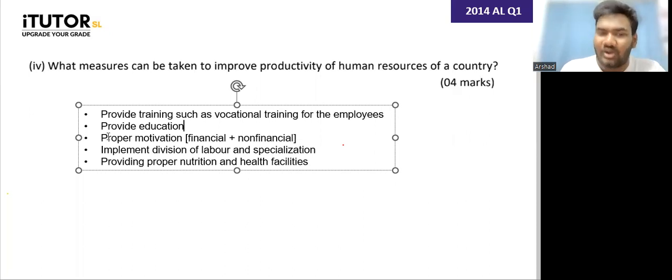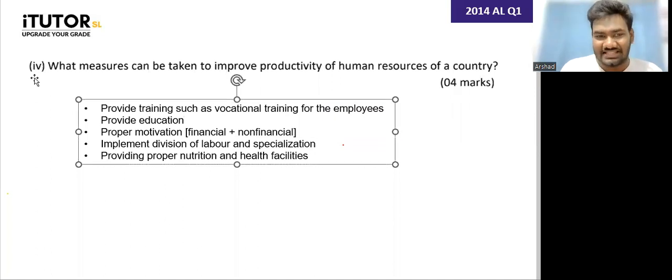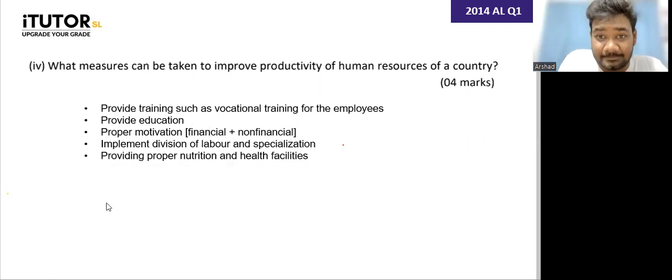You can give some examples. Motivation: higher pay, encouragement, promotions, other benefits. Then implementation of division of labor. So you can expand your point a little. You don't have to write paragraphs and paragraphs for a question like that, because they're simply asking what the measures are. Is that okay, guys? Manageable?